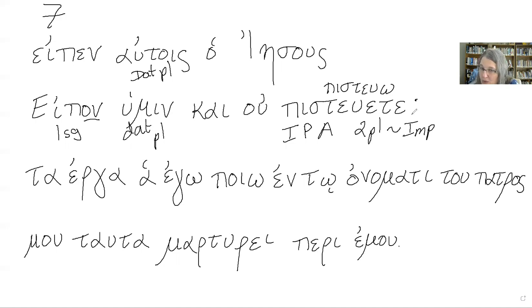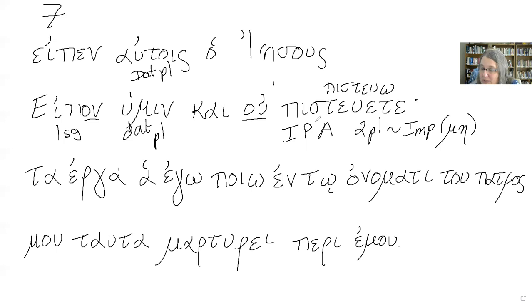So how do we know this isn't an imperative? Well, normally we have to try both and see if maybe a second person plural that looks like a present tense is actually an imperative. But here we have a clue. We have the word ou, and ou is only used with the indicative, not with the imperative. If it were imperative, the ou would be me.